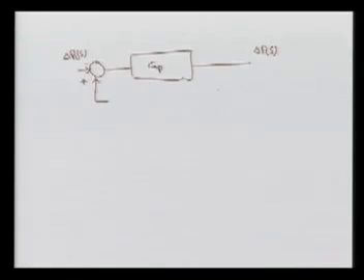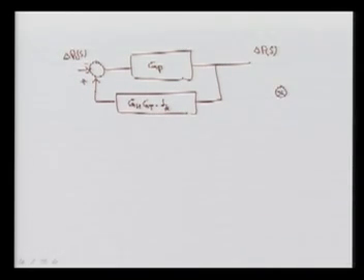So I can say it is the multiplication of GH, GT, and 1 over R. As you know, for a closed loop system with G in the forward path and H in the feedback, the closed loop transfer function is nothing but G over 1 plus GH.